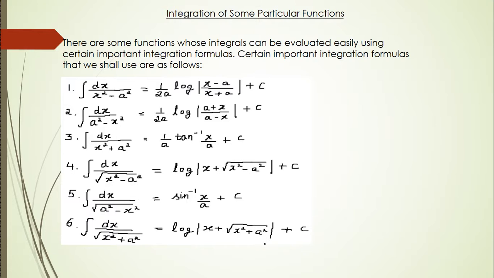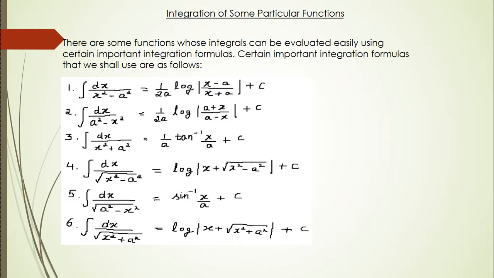If we observe these functions carefully, we notice that all of them have only dx in the numerator. The first three have x square minus a square in the denominator, or a square minus x square in the denominator, or x square plus a square in the denominator.